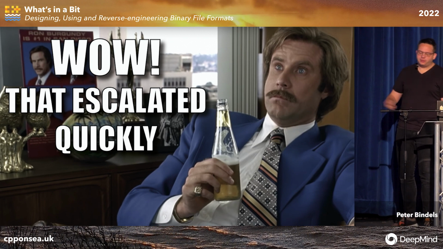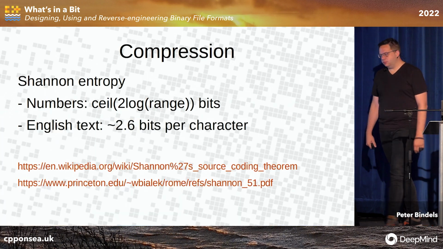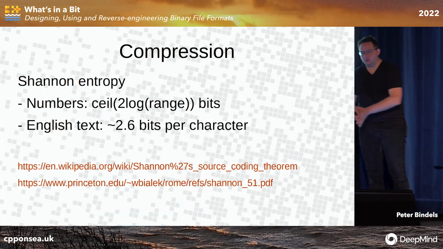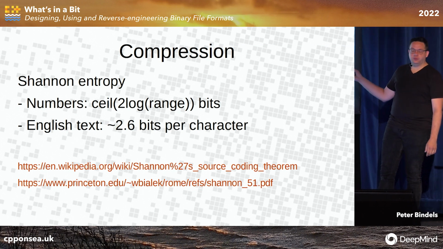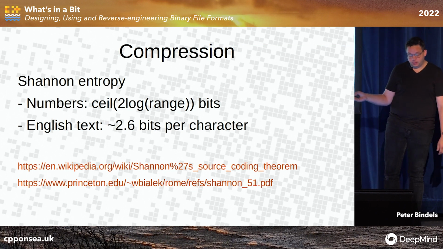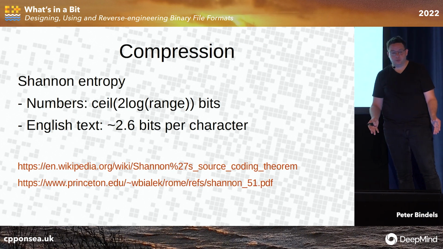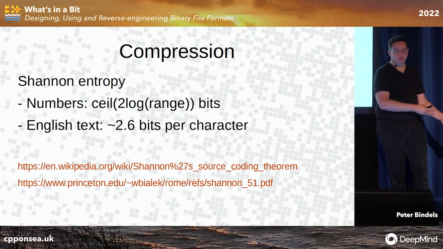But actually, what can we do with these numbers? So how much would it actually take to store data? Well, there's a theory about how many bits you actually need to store something. It's called Shannon entropy, named after Claude Shannon, a researcher from the 50s. He calculated that English text, for example, on average has 2.6 bits per character of actual entropy.